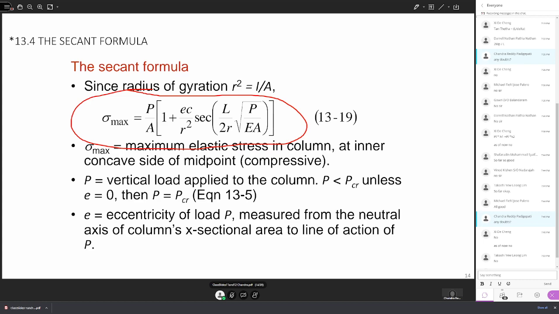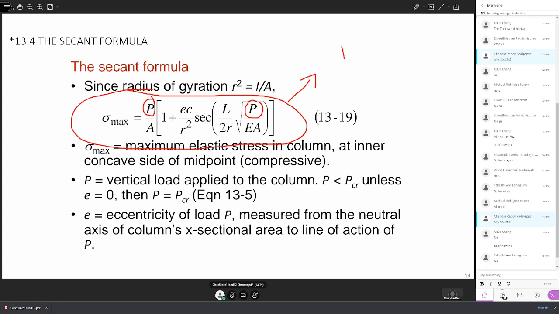Here the maximum stress is related to the applied load, the eccentricity ratio and the length, everything. Now, this equation is a bit specific in the sense that you can see the load P appears as a product and also inside the product term.